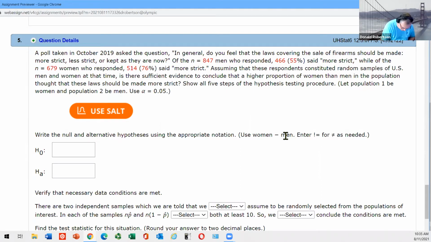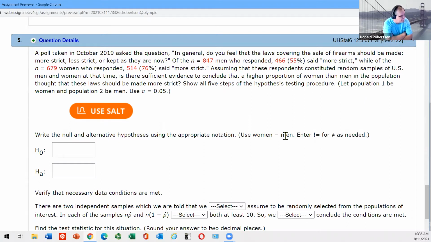N1, there's 847 of them, and 466 out of 847 said it should be stricter, and that's 55%. And then the second population is women, and they had a sample of 679 of them, and 514 out of 679, which is a lot larger, is 76%. They said it was more strict.